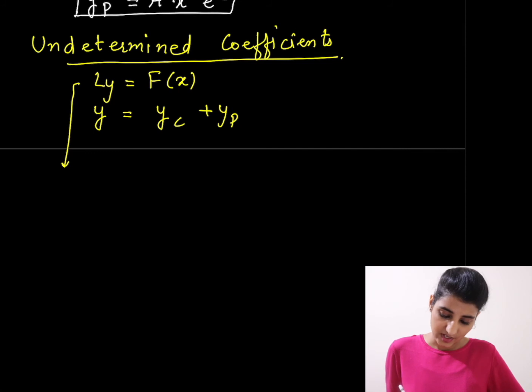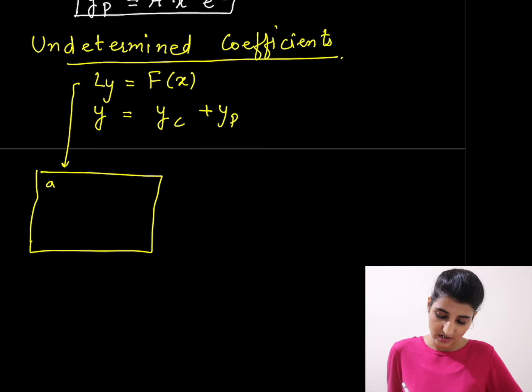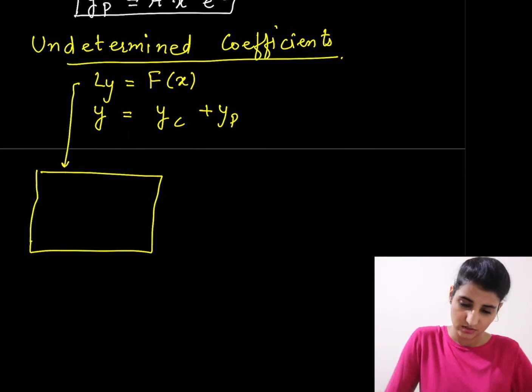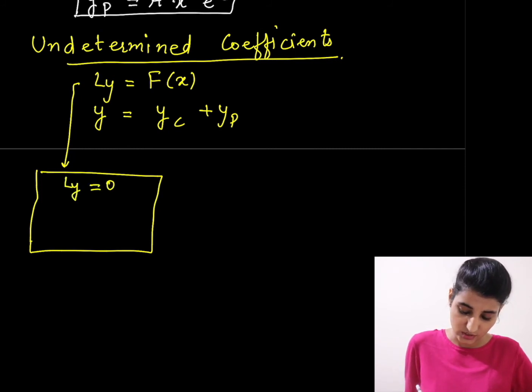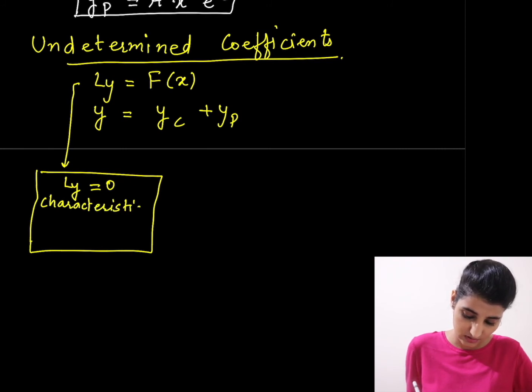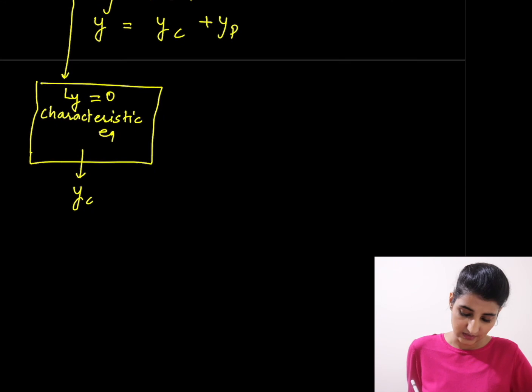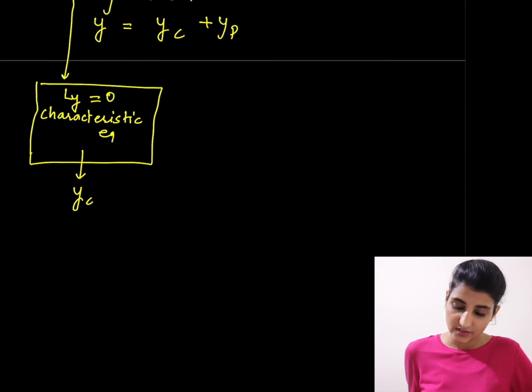So the first step is we write down the associated homogeneous equation, Ly equal to 0, write down the characteristic equation, and find out your yc.